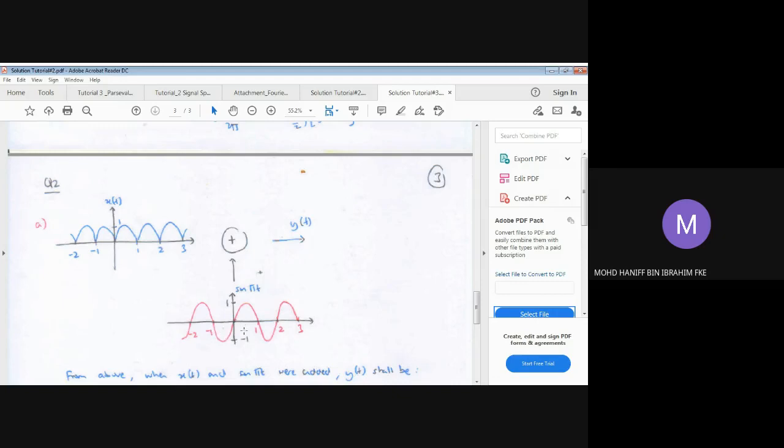addition between these two functions will result in addition between 0 to 1, 2 to 3, and further on from 1 to 2, -1 to -2, that should be addition. But interestingly, there will be a cancellation of signals. For example, from 1 to 2, the peak of x(t) is at 1, but for the sine pi t, the peak is at -1.